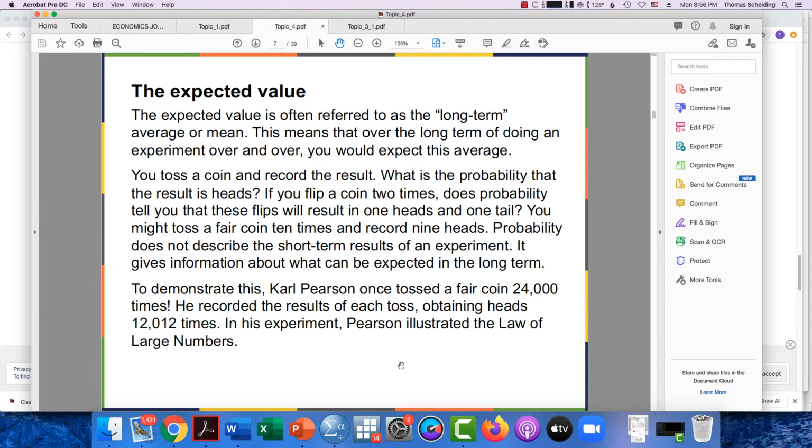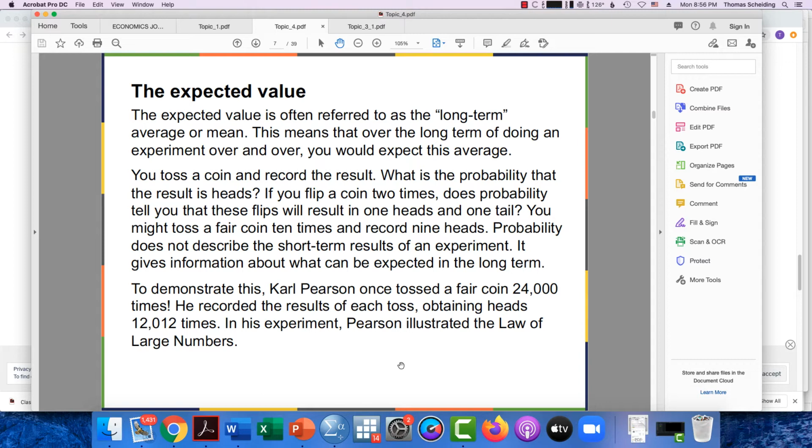Now, the reason why that becomes important is because it's used for determining, among other things, the expected value, which is basically the long-term solution. What is the long-run average or mean? If we do the things a large number of times, the law of large numbers dictates what the average would be.